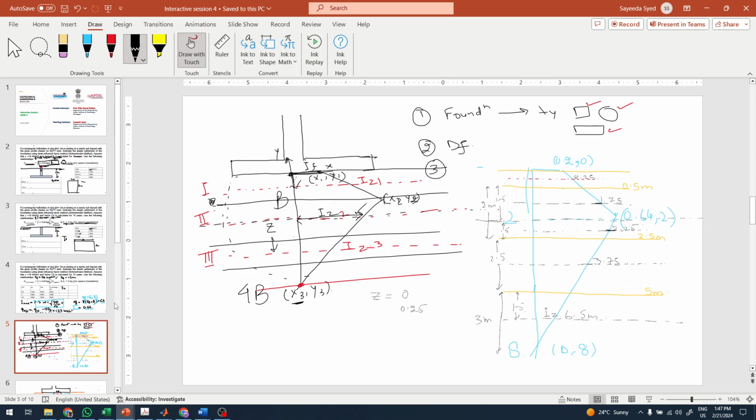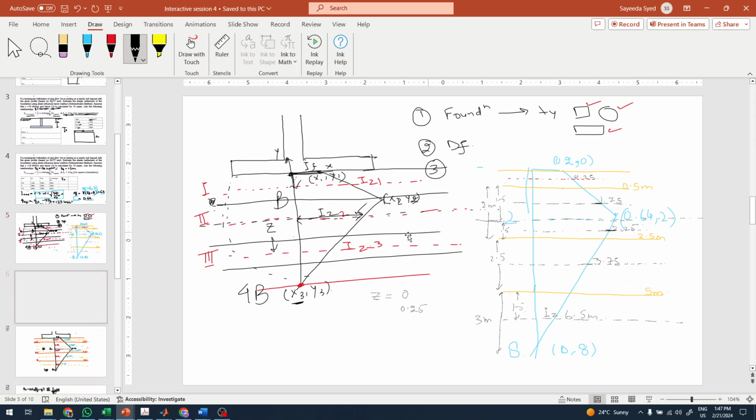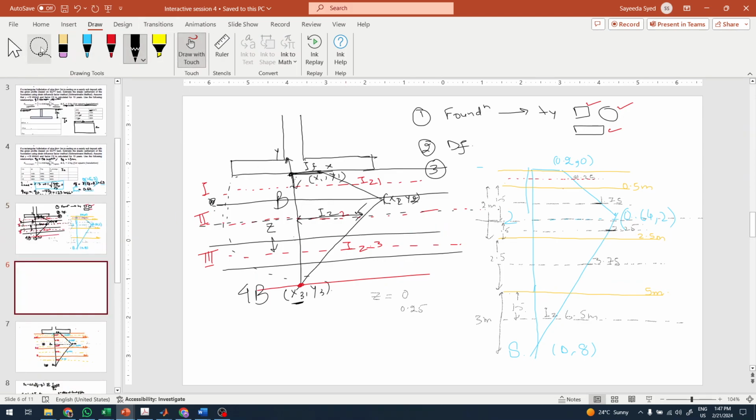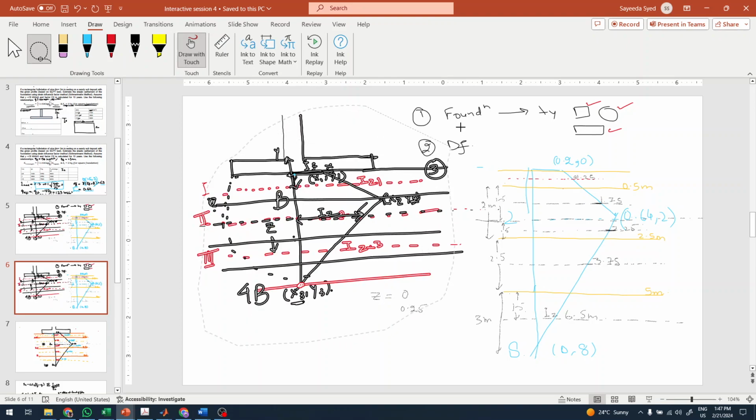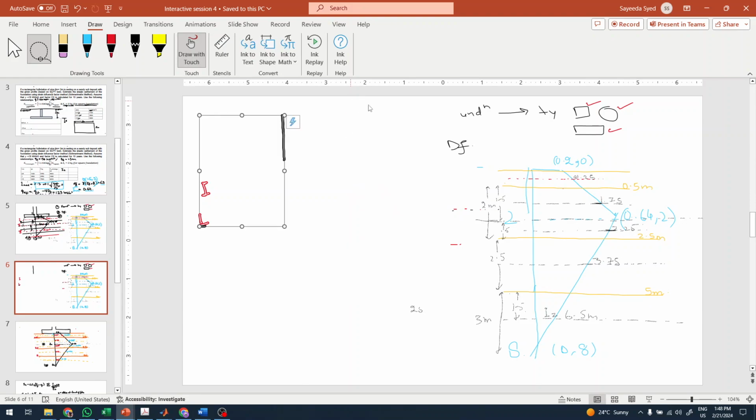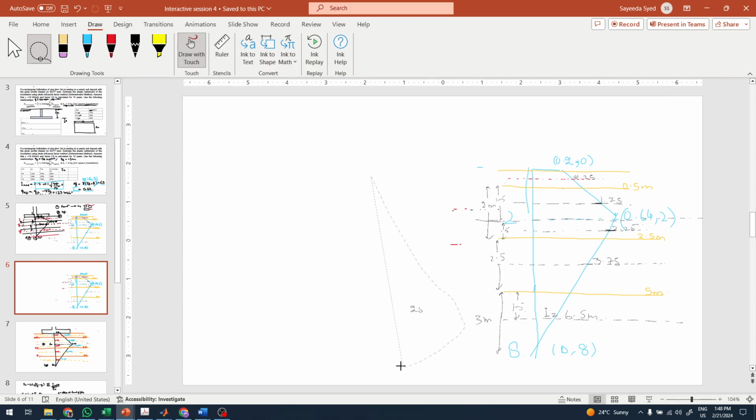Let me remove all these. Okay, so let's draw a table here again.